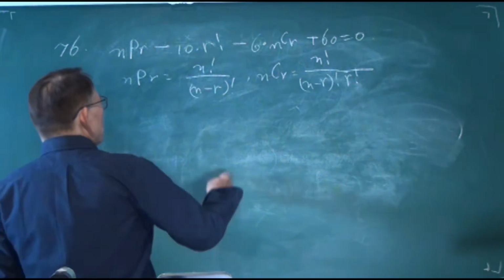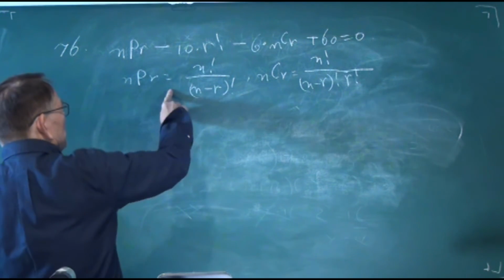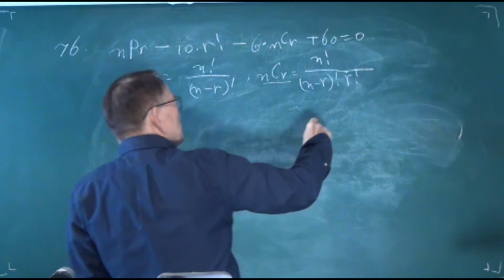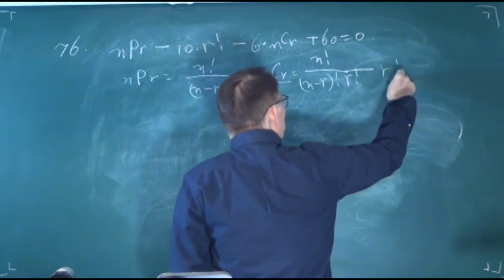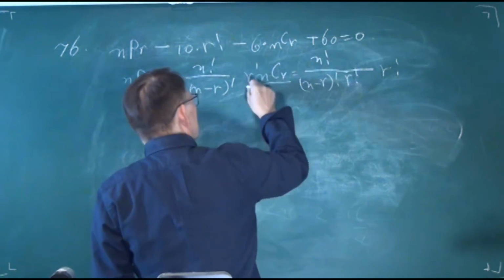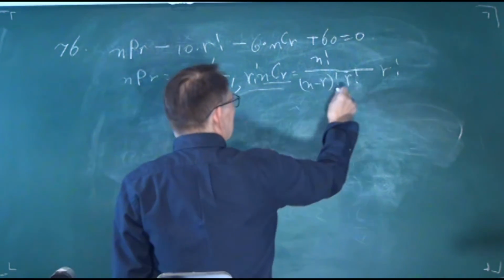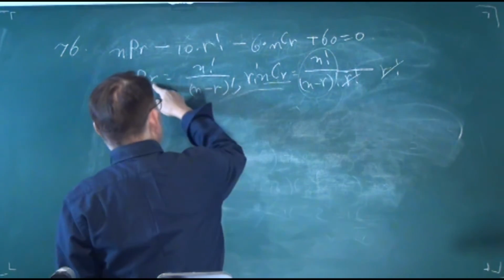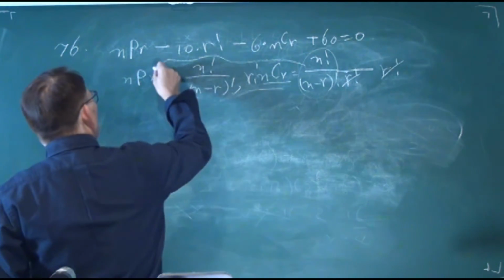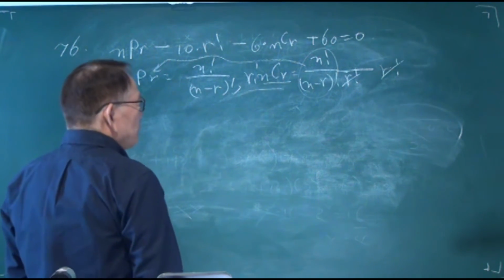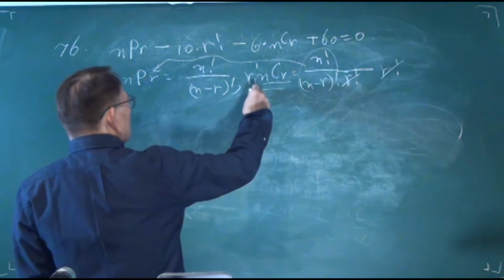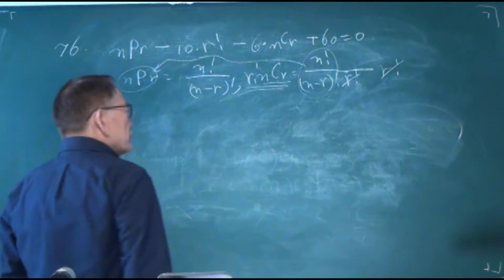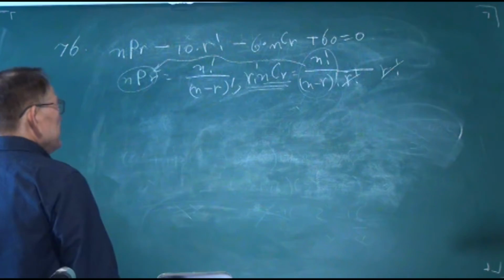Now, what do we see here? In nCr, you multiply by r factorial on each side, then this one and this one cancel, and it comes out the same as the permutation, which means nPr is the same as r factorial times nCr.